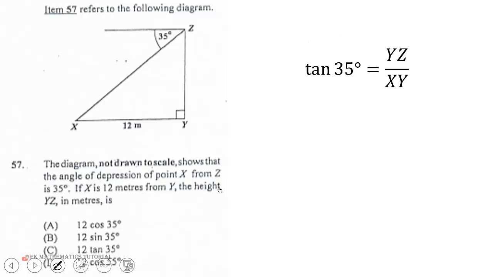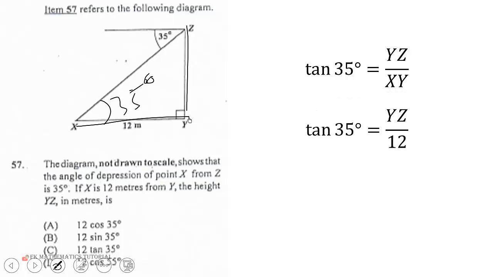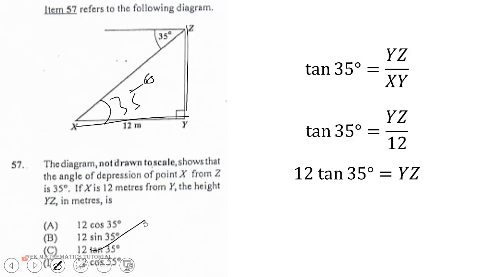So this here is equal to 35 degrees using alternate angles. So tan 35 degrees will be YZ, which is opposite, over adjacent, which is XY, and XY is 12. So YZ will be equal to 12 tan 35 degrees. So option C is correct.